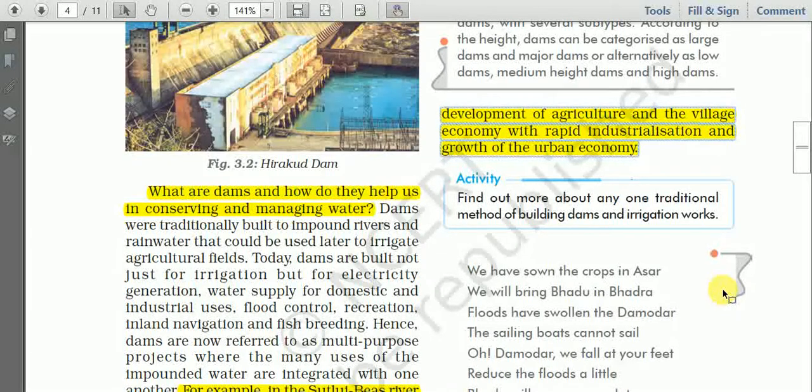So in this way the economy of the villages is integrated with the economy of the cities, and that is why dams are known as temples of modern India. Any question, any confusion? No, sir.